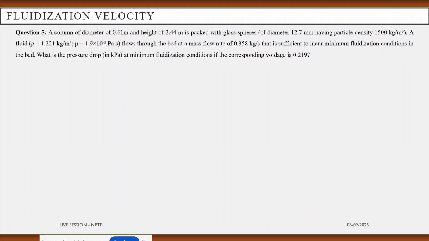The column diameter, and it is packed with glass spheres. So you have to calculate the pressure drop at a minimum fluidization condition.